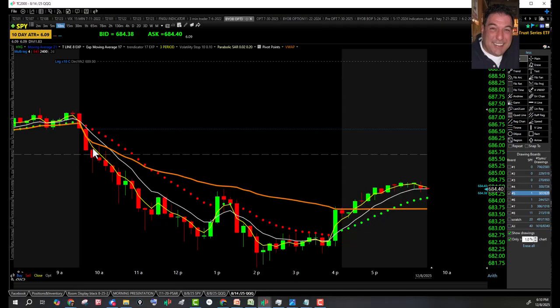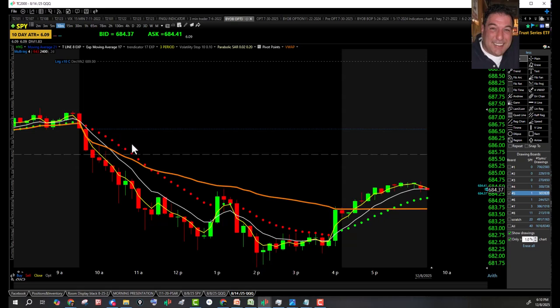I'd like both of those, actually all 3 of them, the candlesticks to be moving up. The 3 EMA, which is the yellow line, I want that to be moving up. I want the 8 EMA, which is the white line, I want that to be moving up. And I want them to be moving up over VWAP, all right, and away, all right.